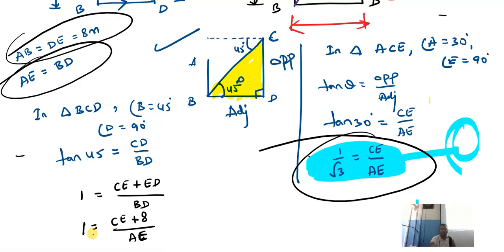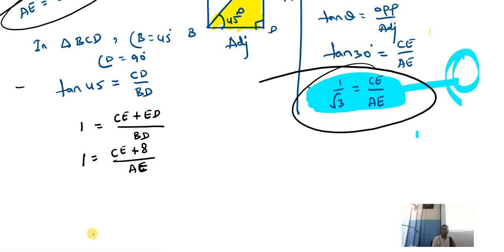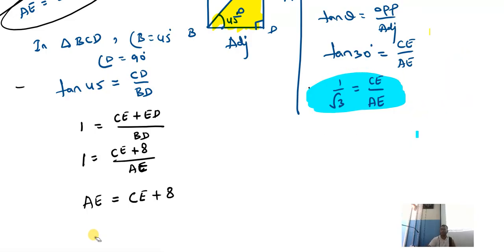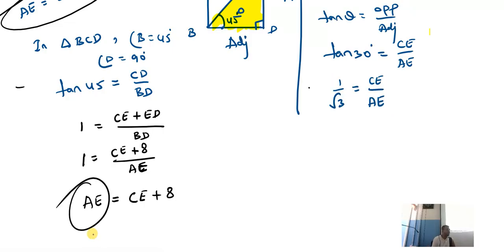Now, what can we do? Cross multiply: AE into 1. AE is equal to CE plus 8. Now this answer, try to change either in the form of CE or in the form of AE. In which form shall we keep? AE, because AE is the LHS according to this step. Now come to this side.